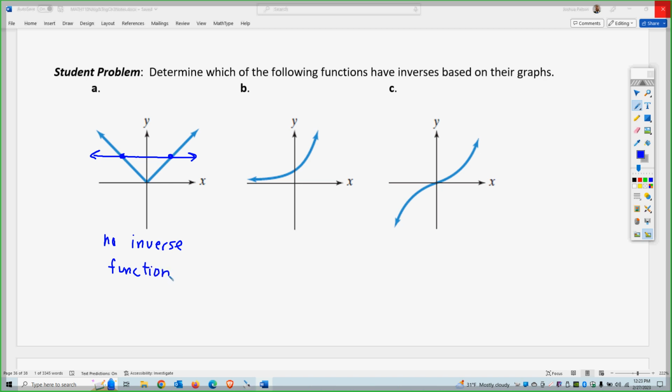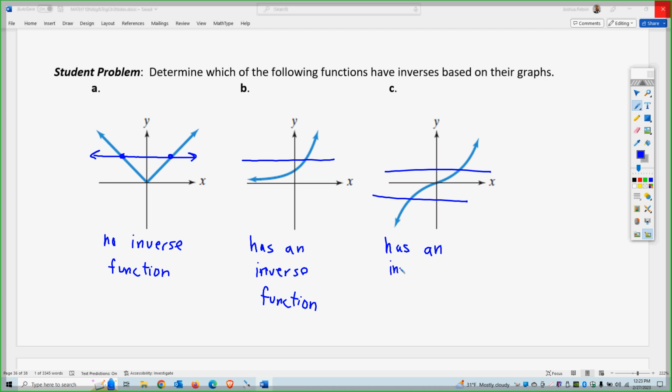This one has an inverse function and is one-to-one. And this one, no matter what you do, has an inverse function. It passes the horizontal line test and is one-to-one.